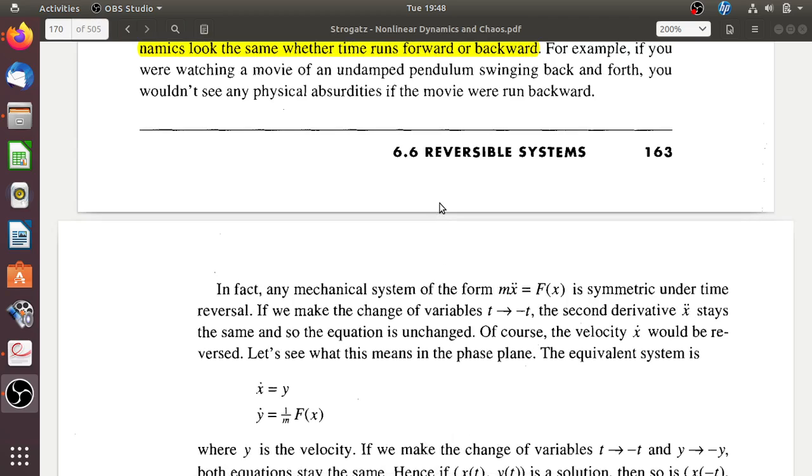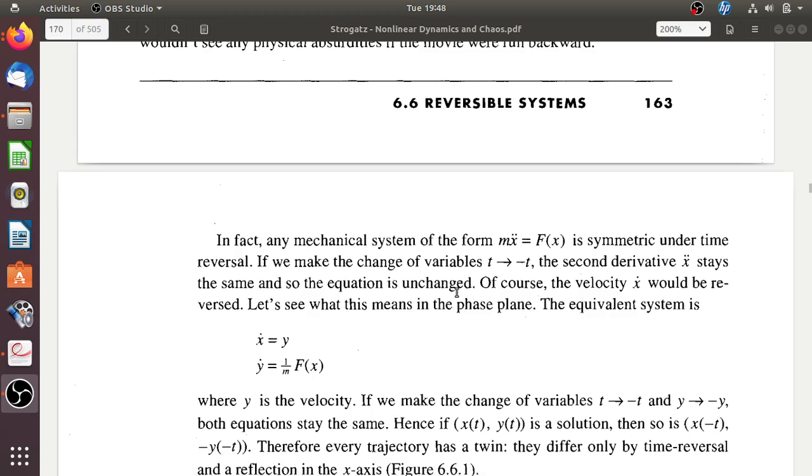So whatever we observe as a velocity will be negative. That's because velocity is dx by dt, and in the place of t we put minus t, and therefore we get minus x dot when we do this transformation.